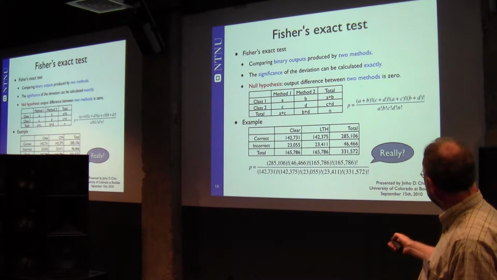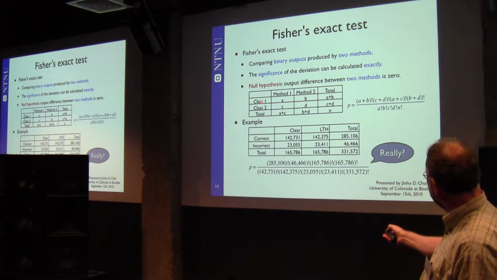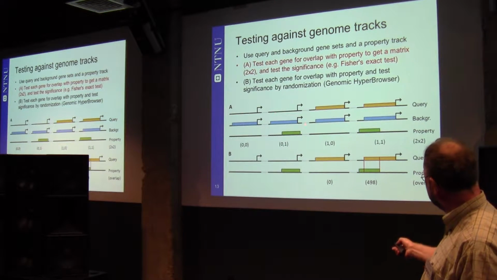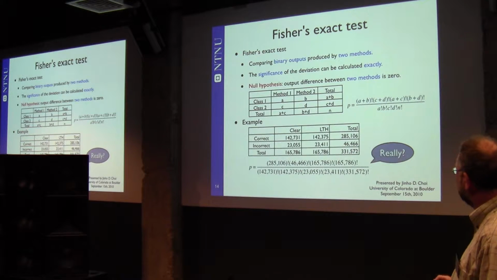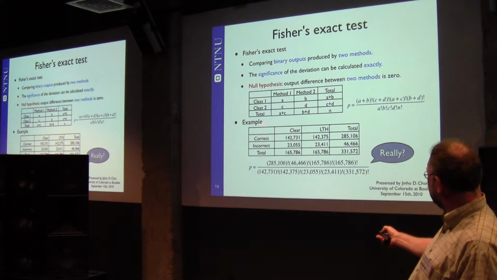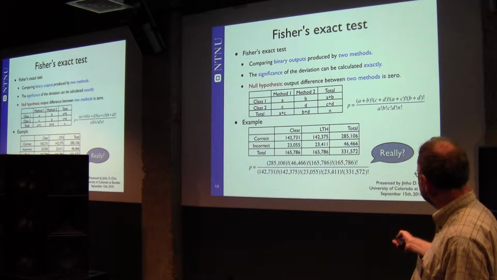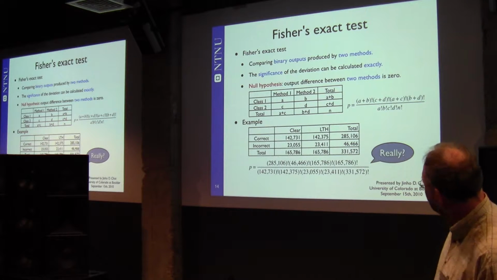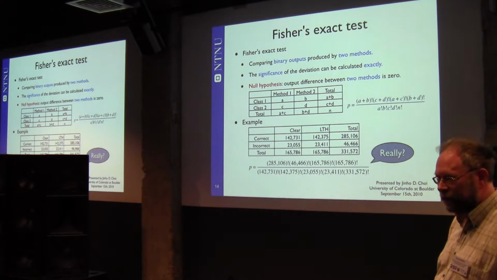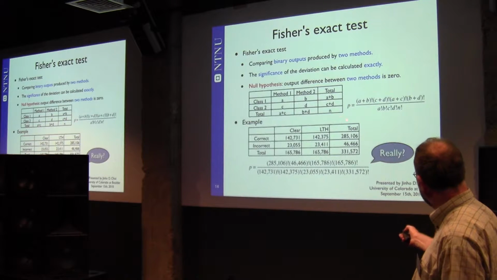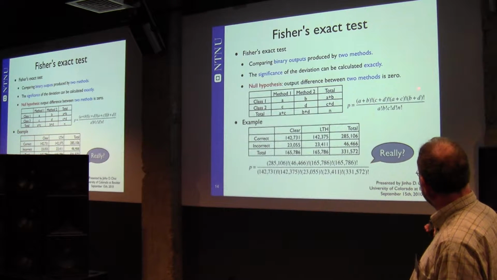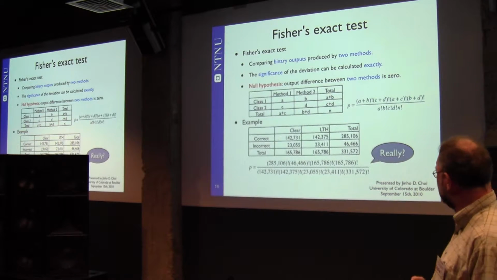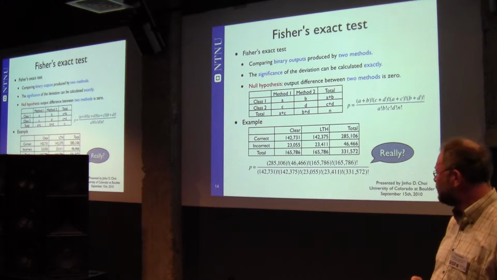Here is an example. We have method 1, method 2, class 1, class 2, corresponding to the 4 different situations that we had here. So that can be, for example, correct, incorrect, clear, and something else. And you just count how many occurrences you have of each. If you're using the proper exact test, then it's this formula here, meaning that you can compute directly the p-value for this distribution that you observe of the different cases.